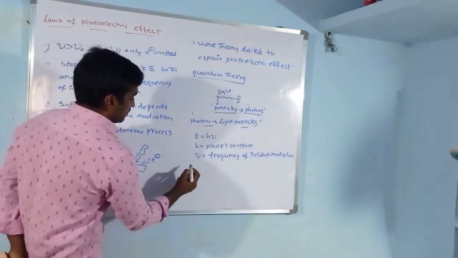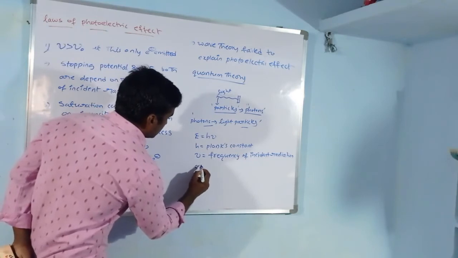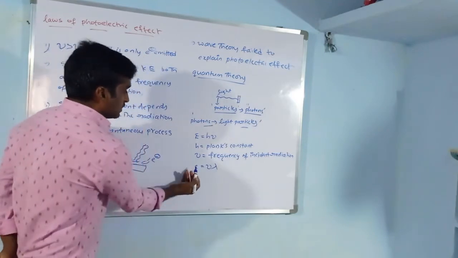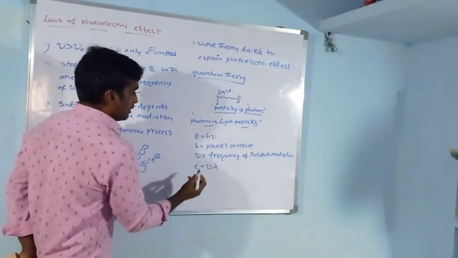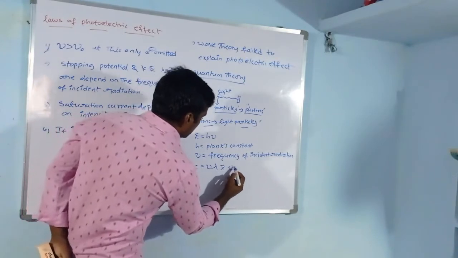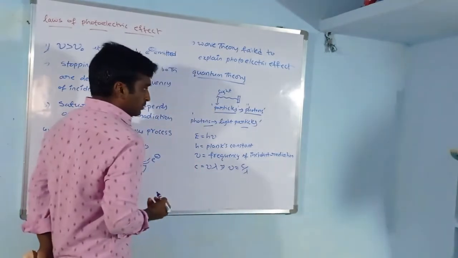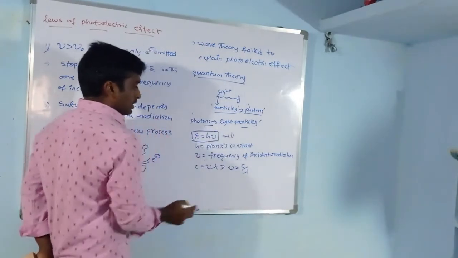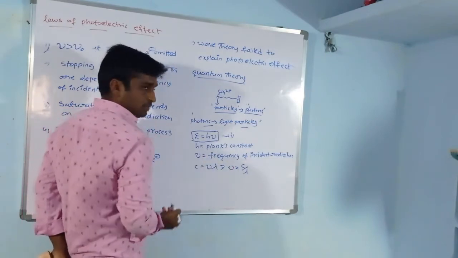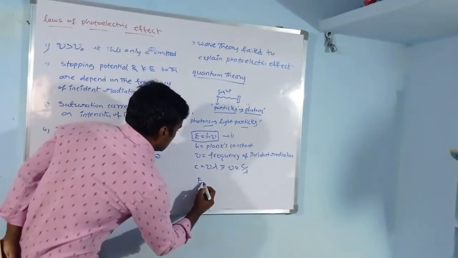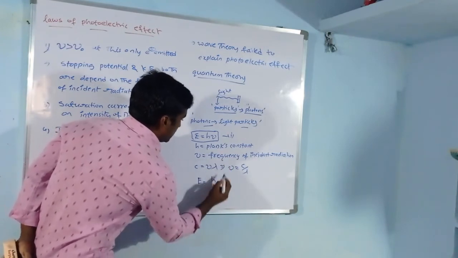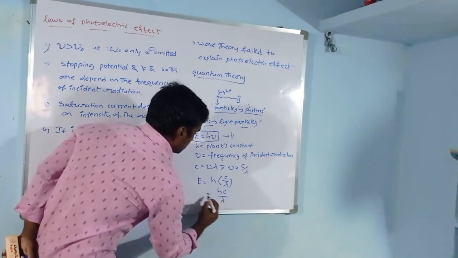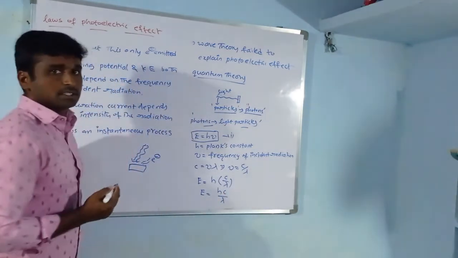We have a formula relating the speed of light and frequency: c equals nu lambda. From this we can write nu equals c by lambda. Substituting this in equation 1, E equals h into c by lambda, so E equals hc by lambda.